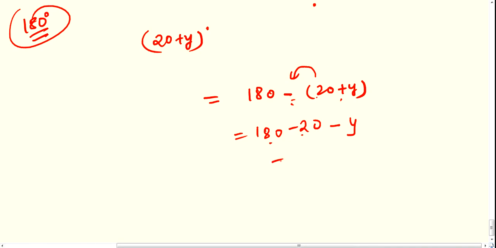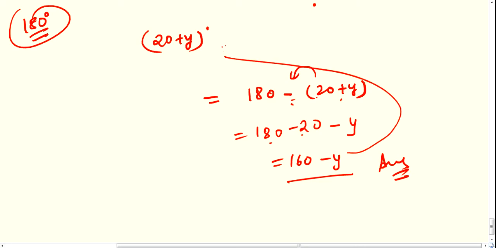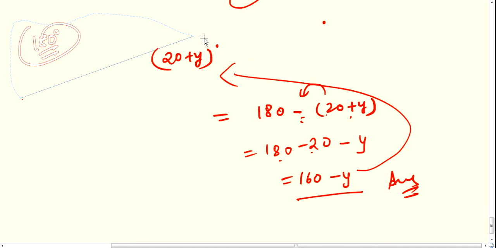So 180 minus 20 equals to 160 minus y. So this will be your required answer, because further you can't solve this because you don't know what is the value of y. So only 160 minus y will be supplement for 20 plus y degree. In this way you have to solve question number 2. Then question number 3 is same as previous questions.